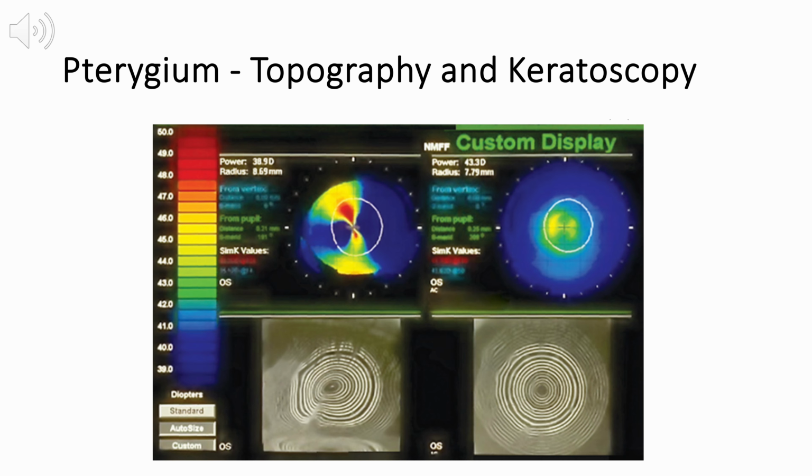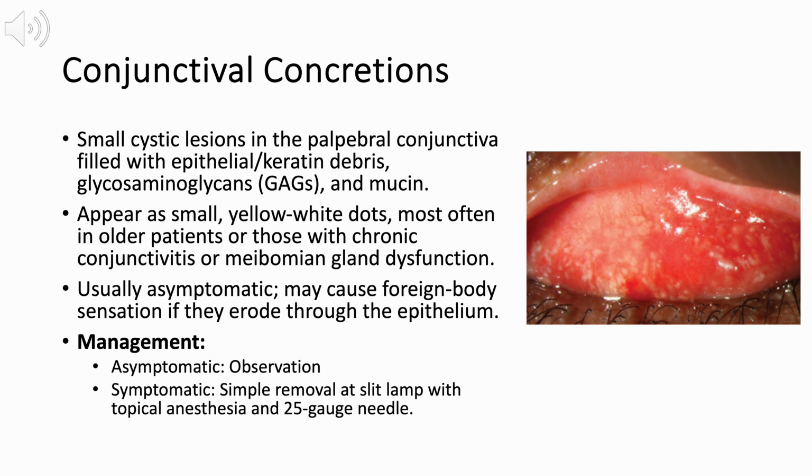This slide describes conjunctival concretions, which are small cystic lesions found in the palpebral conjunctiva. They are composed of epithelial or keratin debris, glycosaminoglycans or GAGs, and mucin. Clinically, they appear as small yellow-white dots, most common in older individuals or in those with chronic conjunctivitis or meibomian gland dysfunction.